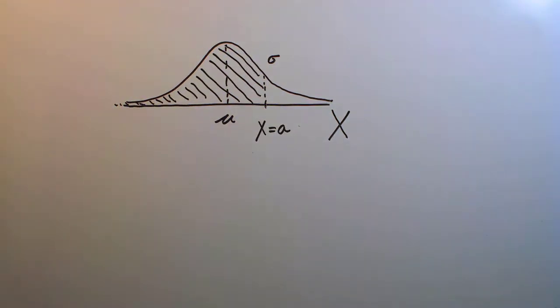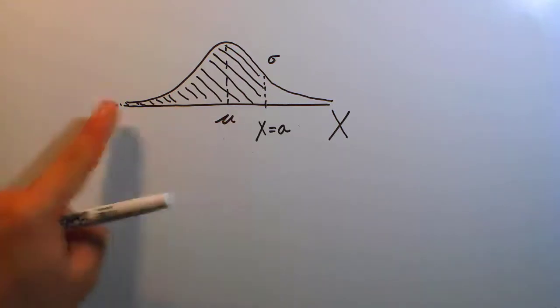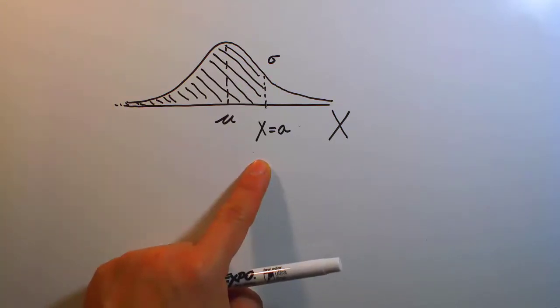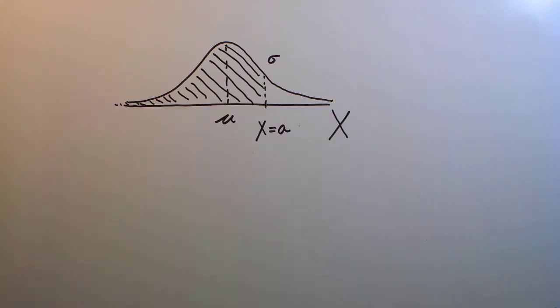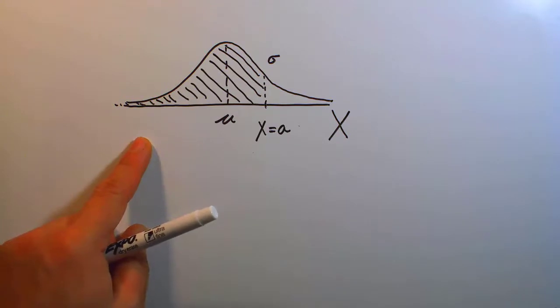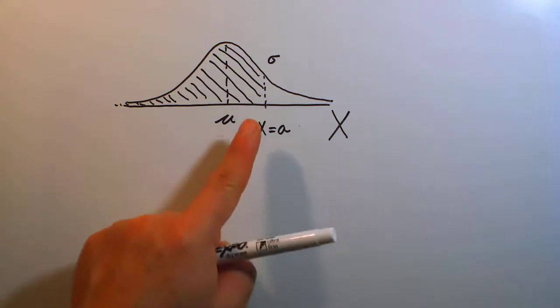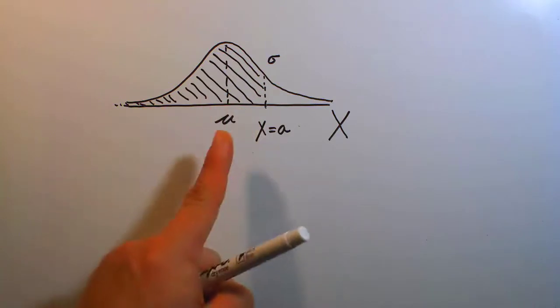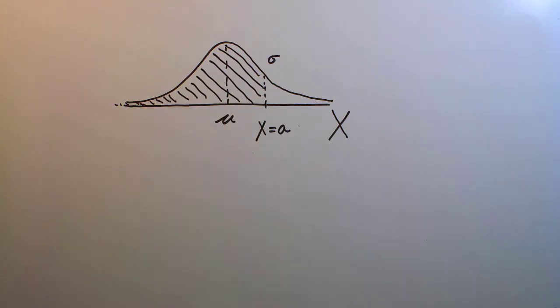And once again, if this was a standard normal distribution curve, I would call this the left area, or the area to the left of x equals a. And so the same way here, now we are working on a general normal distribution. This is also an area to the left, or an area left of x equals a.